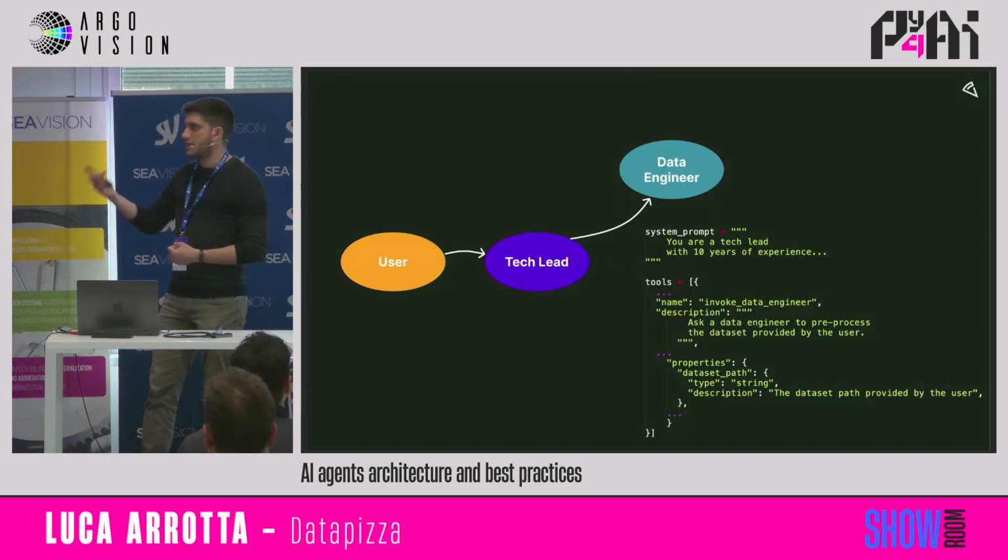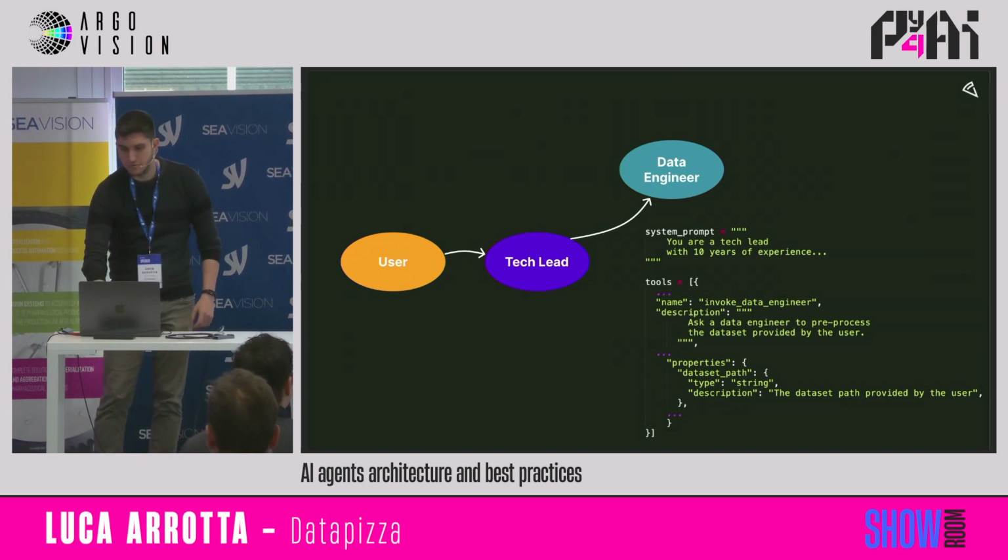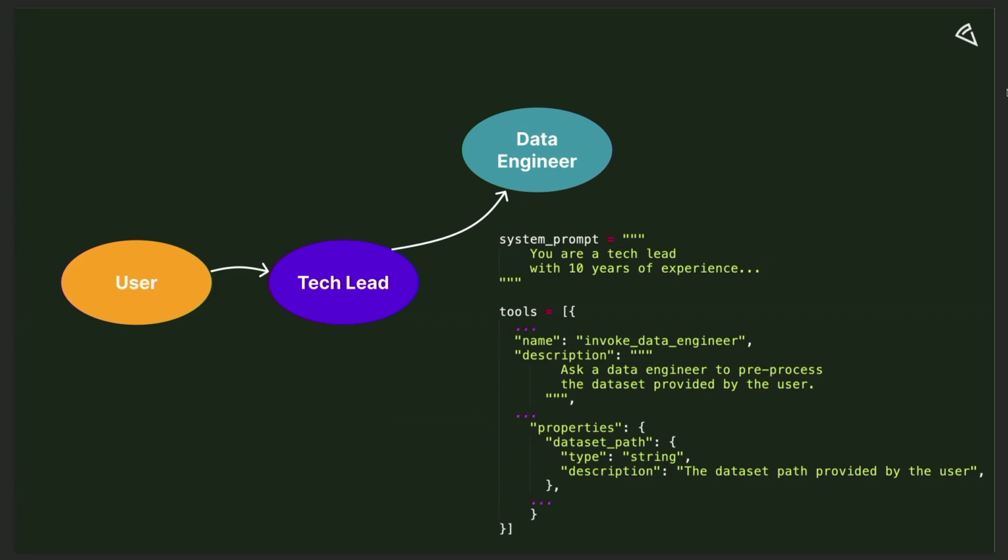So for the tech lead, we define, I don't know if you can see the code, okay. For the tech lead, you can define the data engineer as a tool, and the description of this tool is: ask a data engineer to preprocess a data set provided by the user. So this is one of the tools of the tech lead.